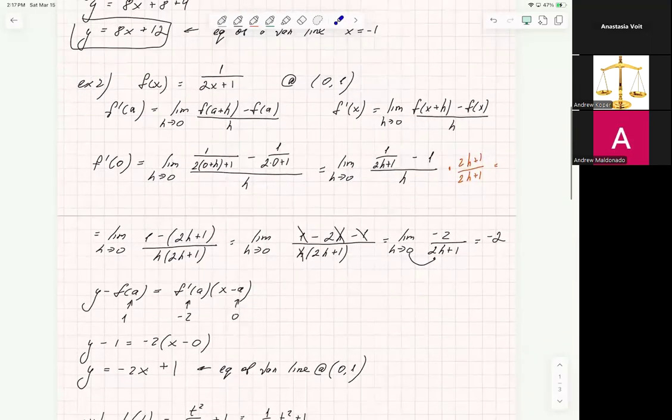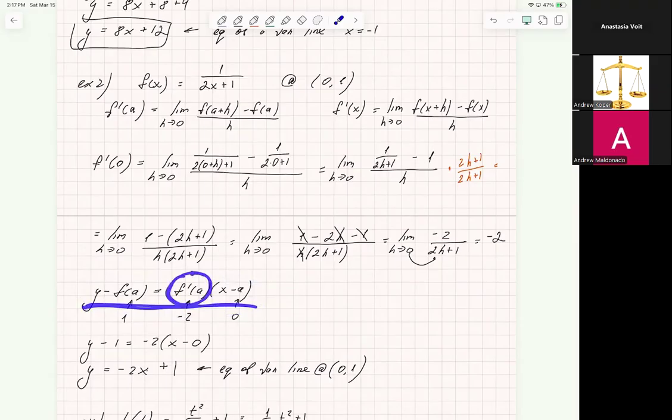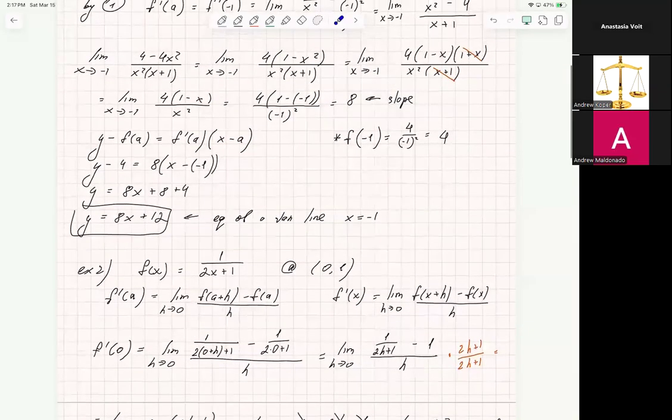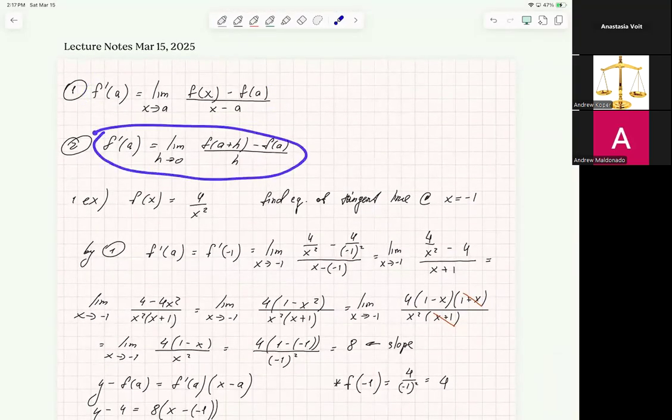Basically the only two steps that you need to do, you need to remember that the equation of a line is y minus y1 equals m times x minus x1, right? Which in calculus we will be using in this form: y minus f of a equals f prime of a times x minus a. And this f prime of a you can find either by using the first formula, the second formula, or we have the general formula, which is, let me write that.